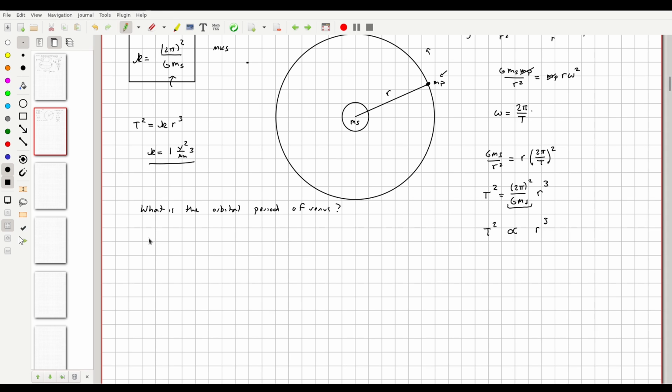Well, if you look at its orbital data, Venus has a semi-major axis that is 0.72. So here, T squared is equal to k times r cubed. And if we want to find what the orbital period is, we're just solving for T. So that means you take the square root of both sides.